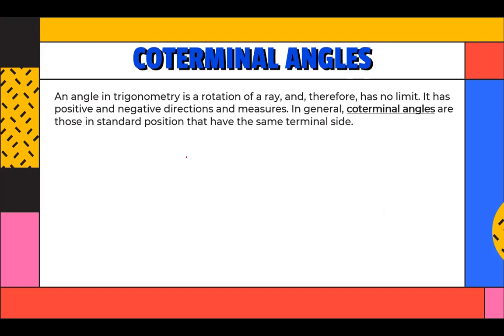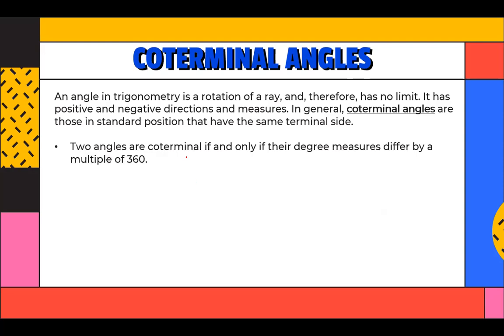Depending on the direction the ray is moving, counterclockwise or clockwise, positive or negative angles, as long as these angles are in standard position and have the same terminal side, we can say that these angles are coterminals.